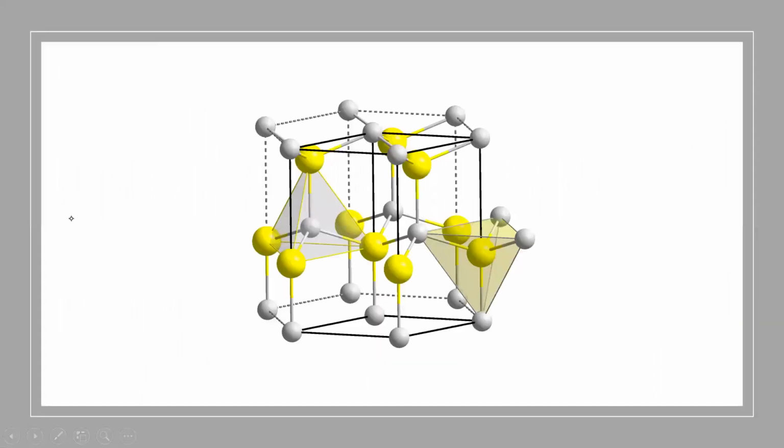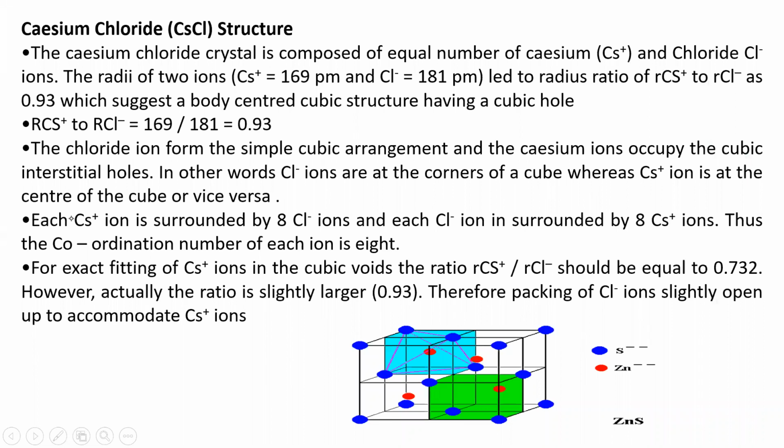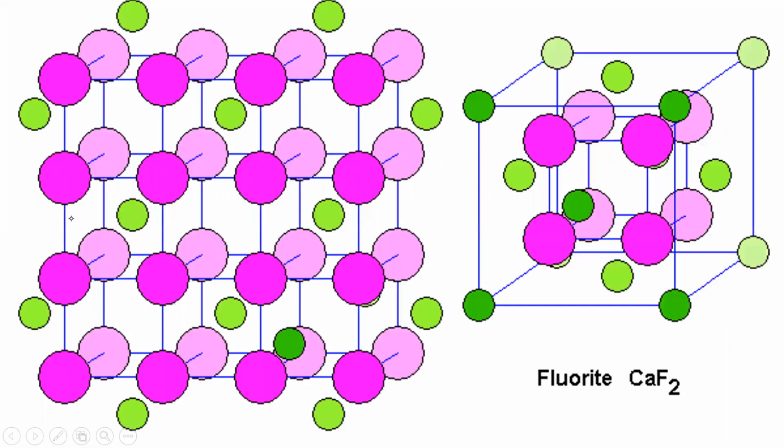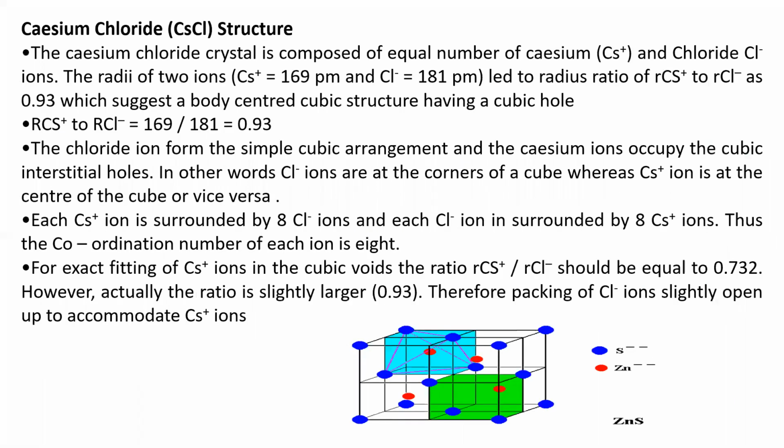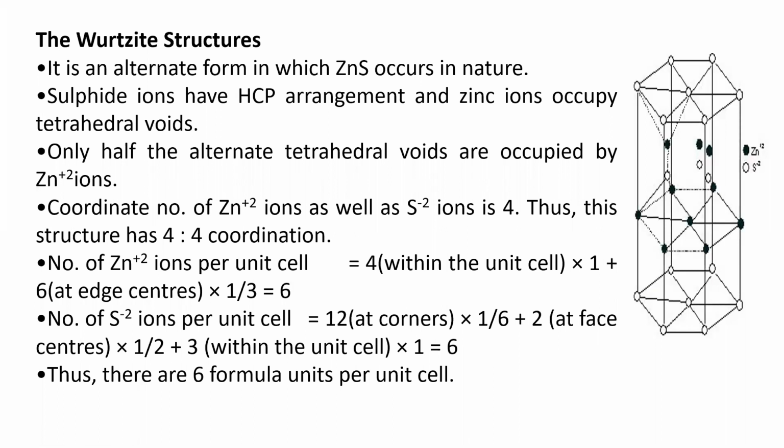I'm underlining this point. Only half the alternate tetrahedral voids are occupied by zinc ions.